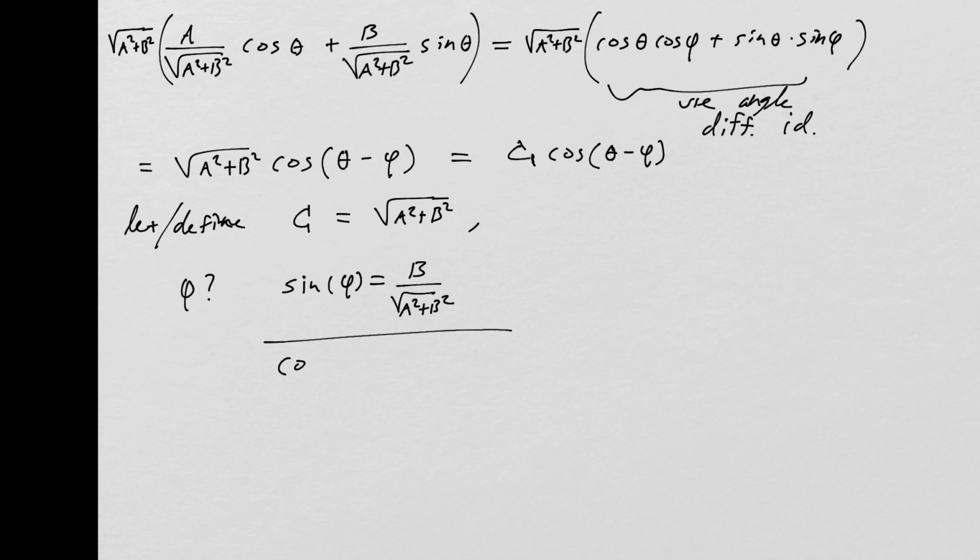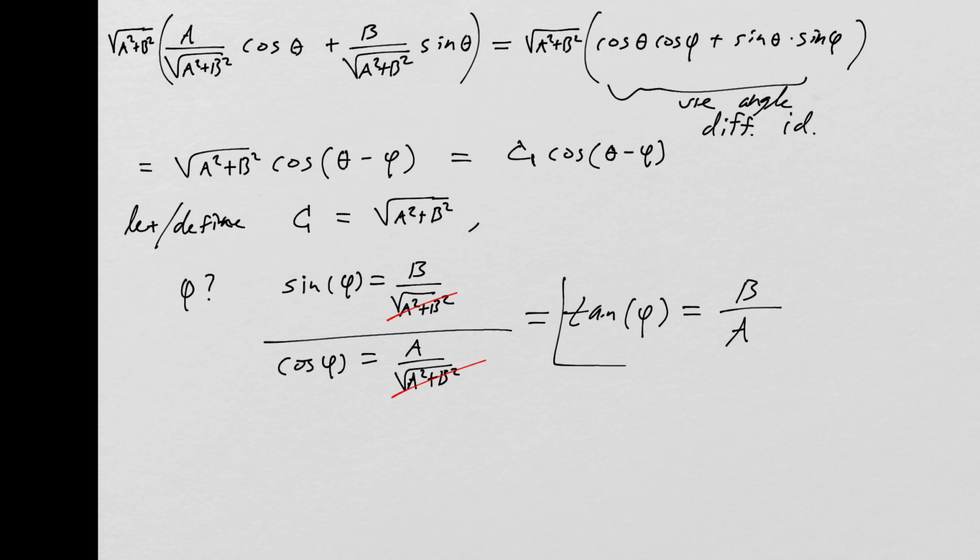And if we divide that by cosine of phi, which is also equal to a over the root of a squared plus b squared, that becomes the tangent of phi, which is equal to b over a. That's because we have a common factor of 1 over the square root of a squared plus b squared, which cancels out and just leaves you with the two things we had before.